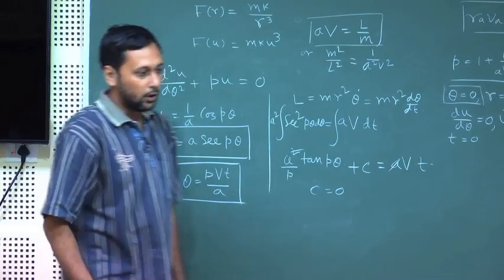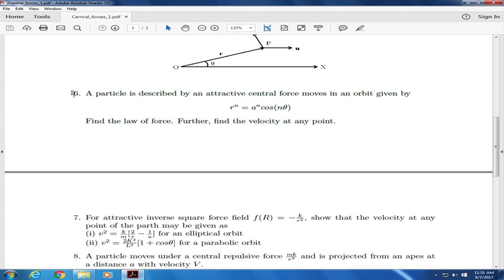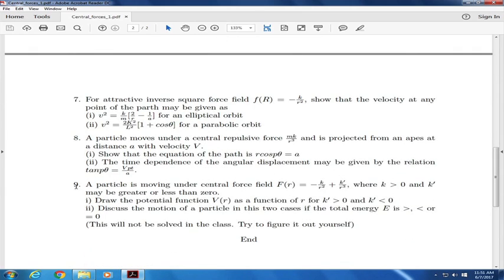Okay. So, we solved problem 6 and problem 8 of this. There is a problem 9 which, I said, will not be solved in the class, but we can discuss it briefly later on.